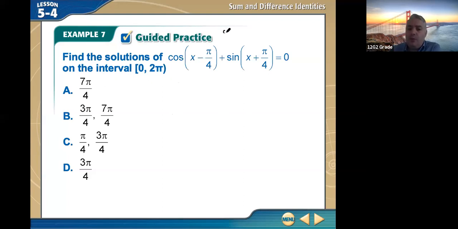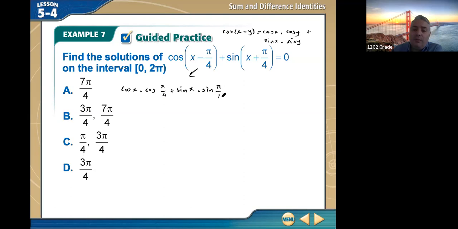The rule for minus difference, minus, it's being plus. Okay, we should memorize this. So it will be then the first thing, cosine of x, cosine of pi over 4, plus sine of x times sine of pi over 4.